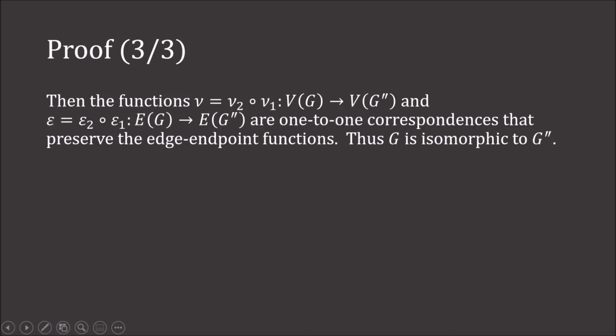Furthermore, we have also proven that as long as the two functions you're composing are one-to-one correspondences, then the composition is a one-to-one correspondence. These two are one-to-one correspondences. Furthermore, they preserve the edge and point functions. So G is isomorphic to G double prime. We have proven all three properties. So this is an equivalence relation, and the proof is complete.